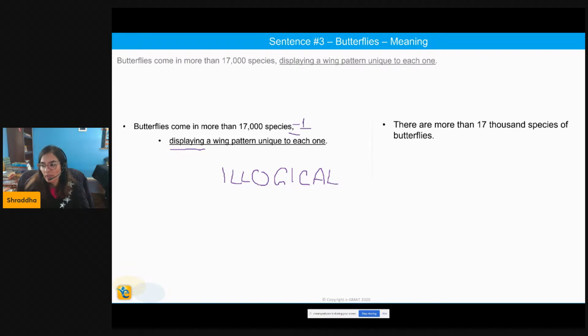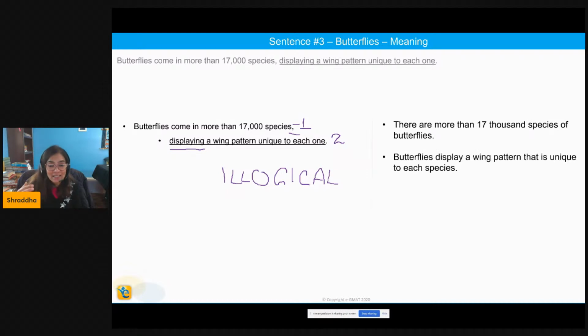And the second piece of information is that every species has its own wing pattern. So these two pieces of information are really not related to each other. They are independent of each other. So we cannot use this comma plus verb ing modifier, because then the two actions are always connected. But that is not the case with this one.